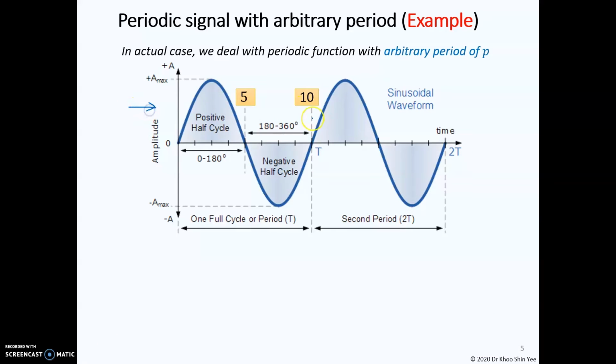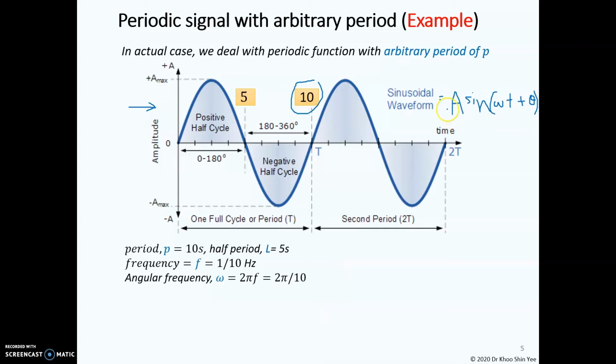So in this case, you have the period equal to 10. So the frequency is equal to 1 over 10, and the angular frequency is equal to 2 pi f, which is 2 pi over 10. The general formula for the sinusoidal waveform is A sine(omega t plus phase). A is the amplitude.